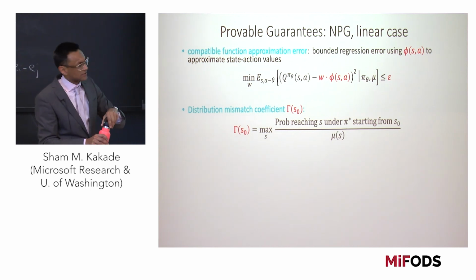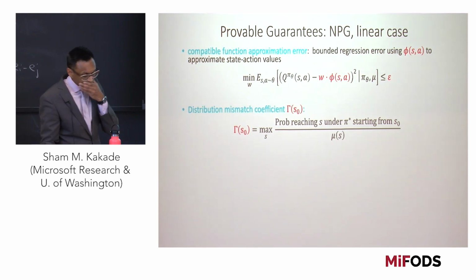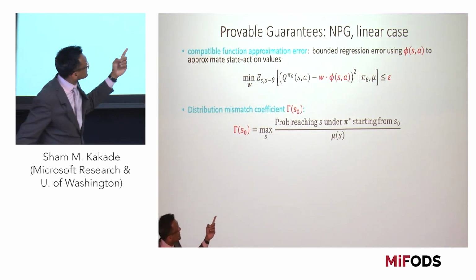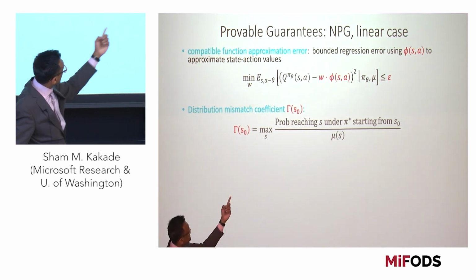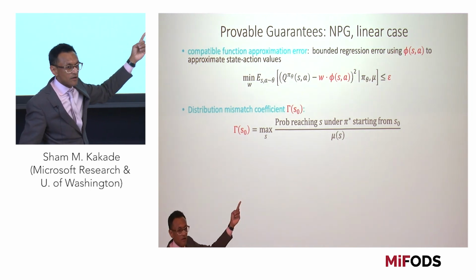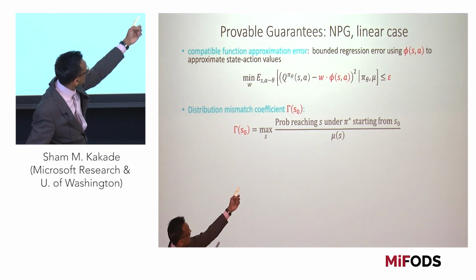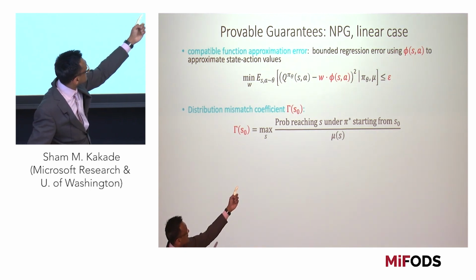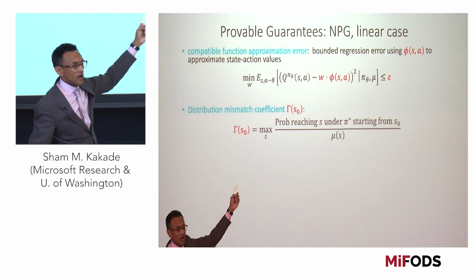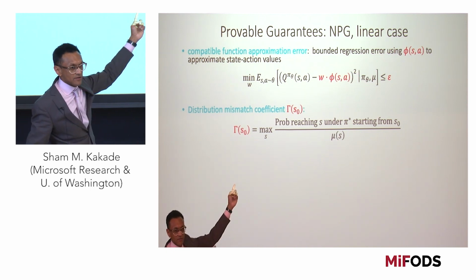Okay, so this is a little more subtle. Okay, so the quality of the features actually affects how well the algorithm is going to work. Okay, so the condition we need for the features is that, in an average case sense, these features give us a good linear approximation to these state action values.